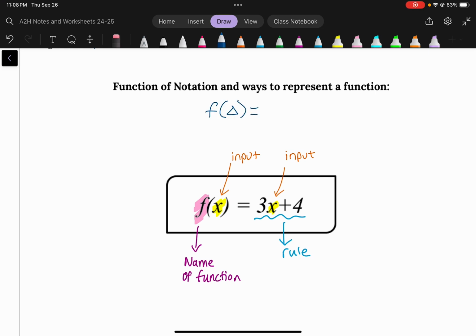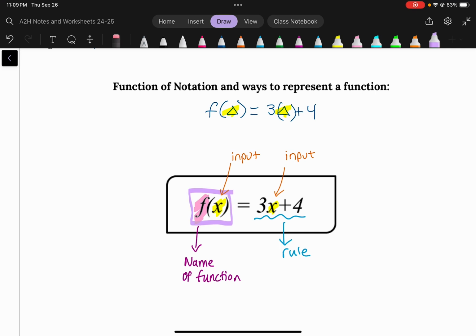Right? So what you really get when you do this up here, for example, is you get a statement of two things that are equal. This thing right here, f of triangle, equals 3 triangle plus 4. So f of 10 equals 3 times 10 plus 4 tells me something. It tells me f of 10 is what, 34?